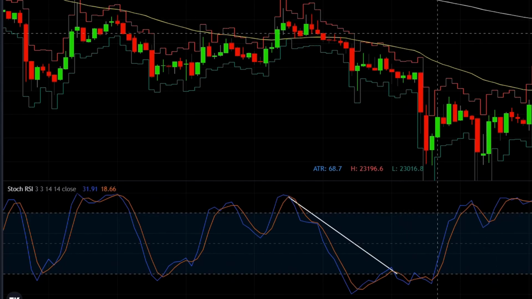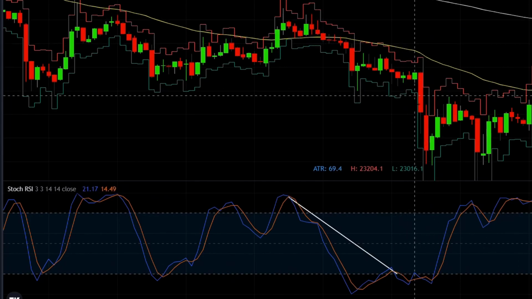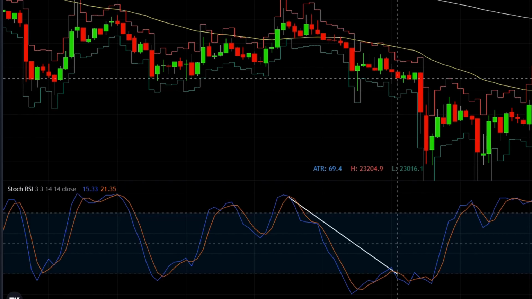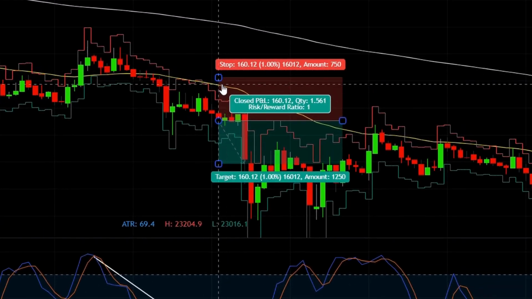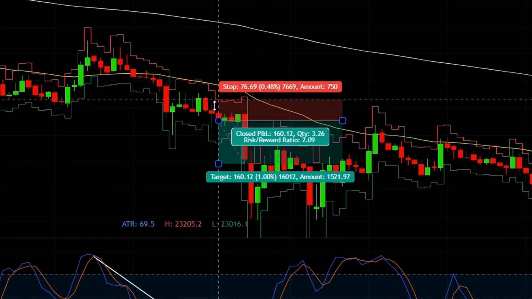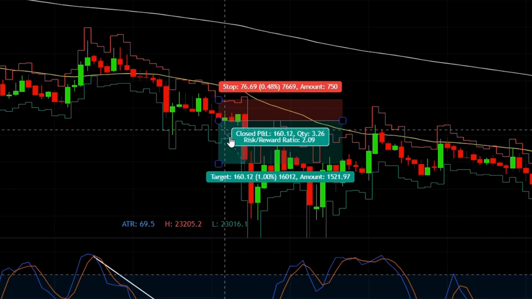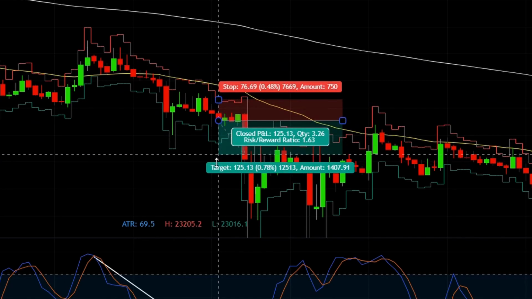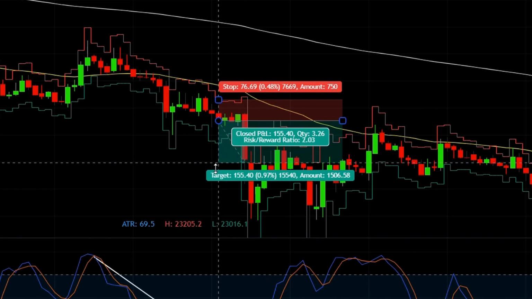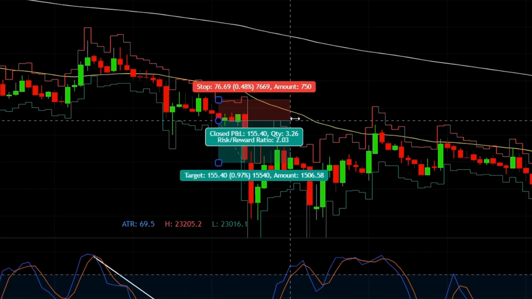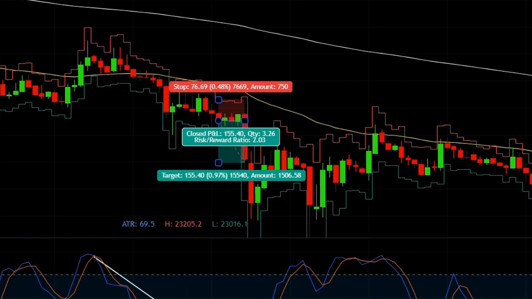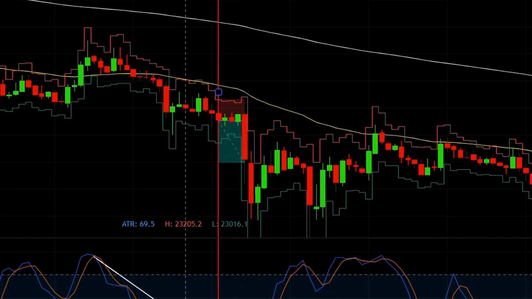We can enter into a short position at the second cross down. So the entry level will be at the close of this candle, the stop loss goes to the upper ATR stop loss level, and the take profit level will be at a 1:2 risk-reward ratio, right around there. And as you can see, this was another winning trade.